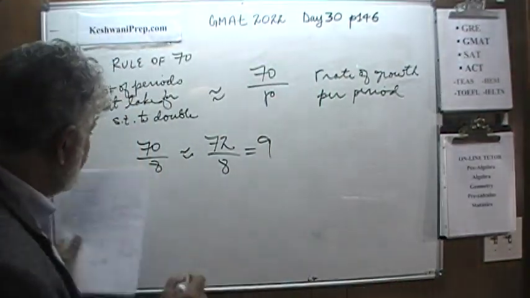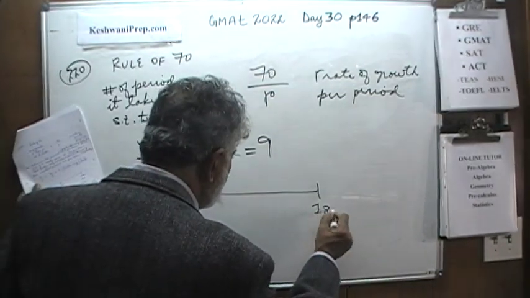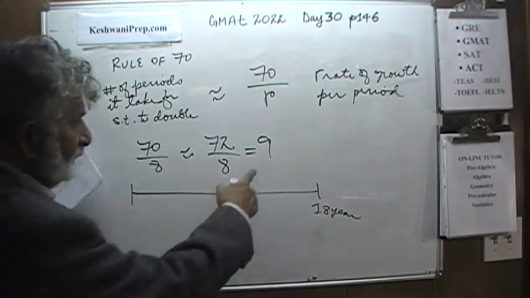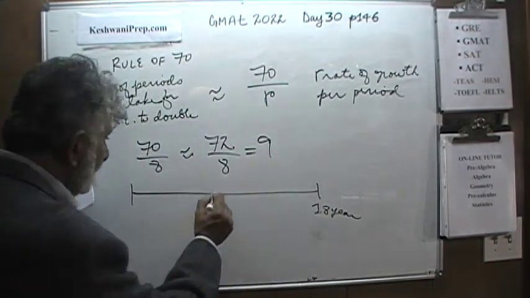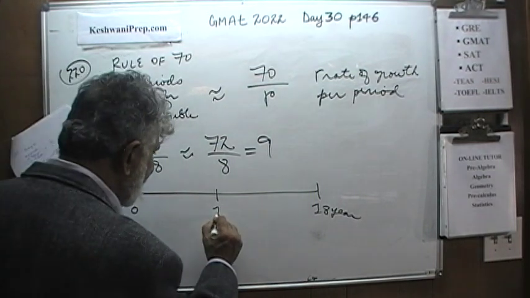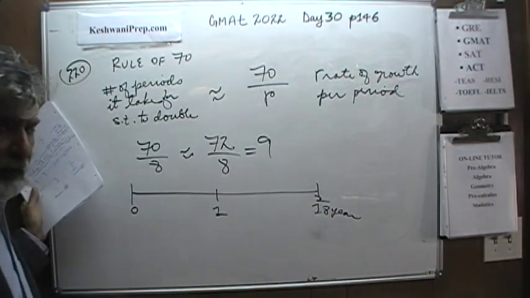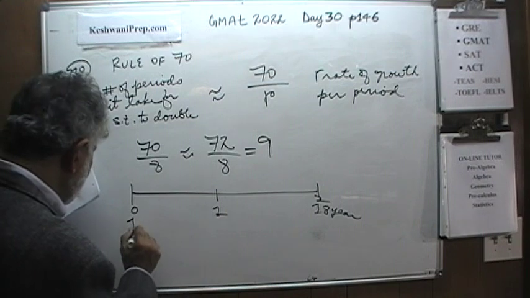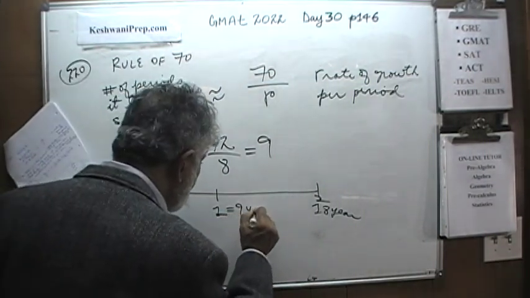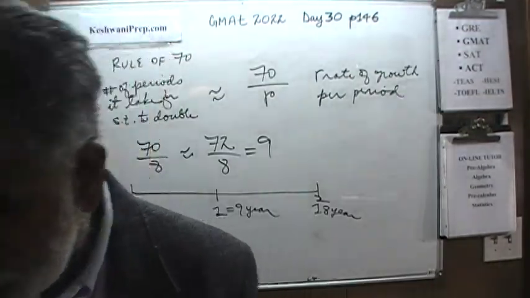And the question now is, how much would my investment be in 18 years? Makes you wonder why they give you 18 years and not 20 years, because you see 9 and 18. So for example, if we invested $1 to start out with, here our time period is a period of 9 years.